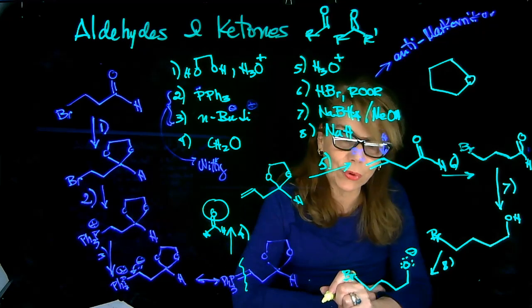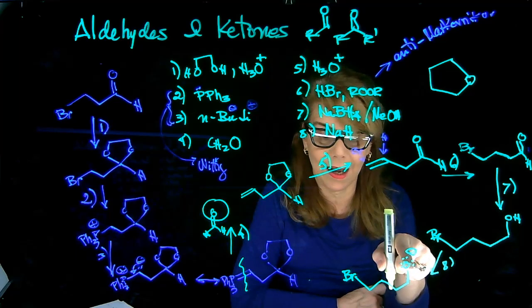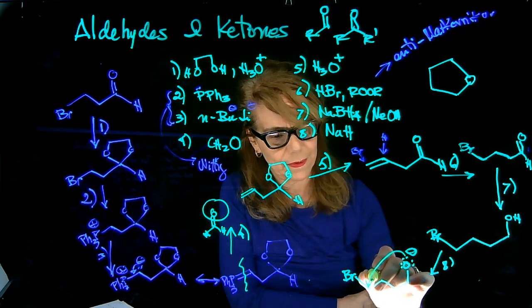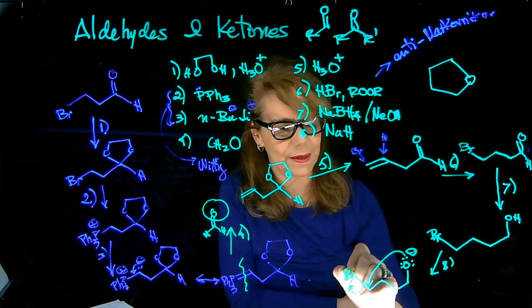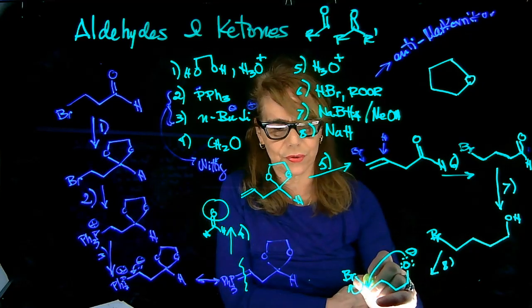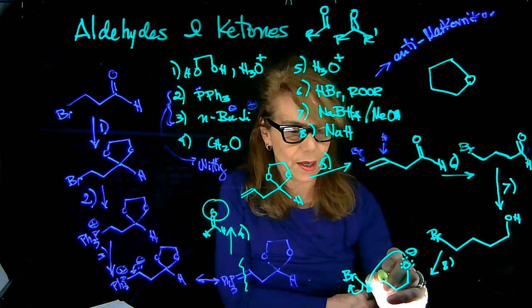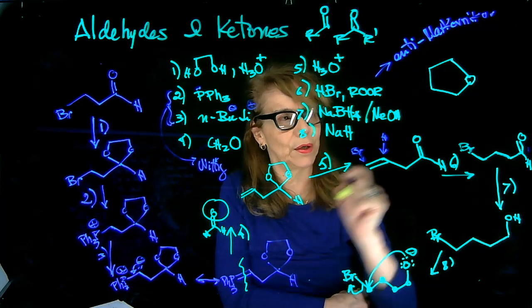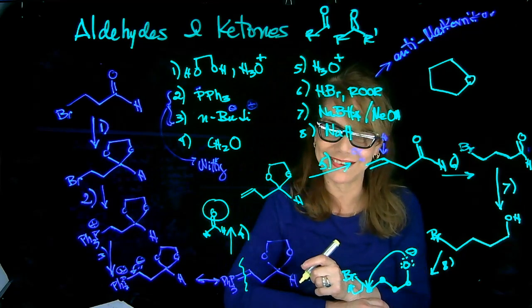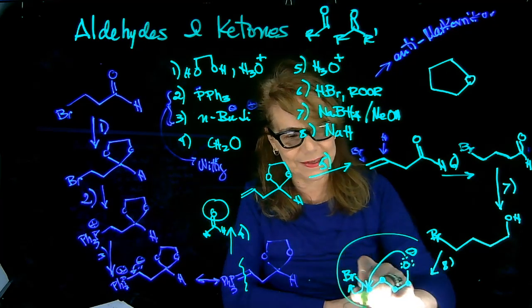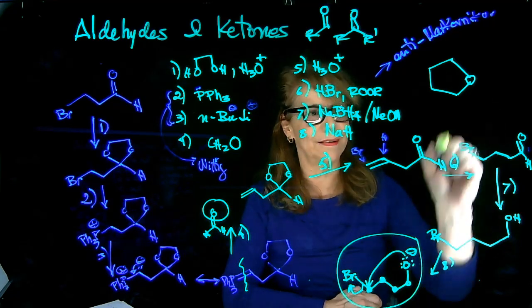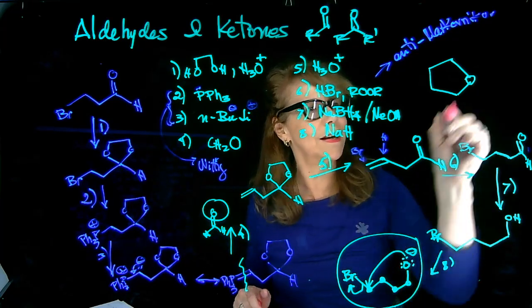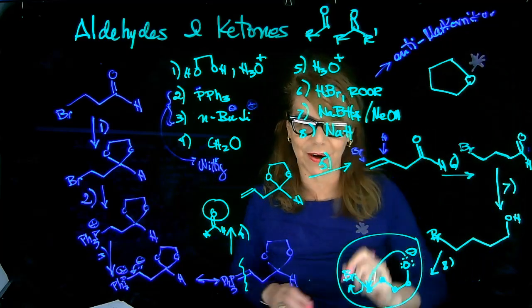And now what I'm doing is an internal SN2. Now I'm making a cyclic structure that will have 1, 2, 3, 4, and 5 with the O, and that is what I have here in the final. So after that attack, I'm going to get the final molecule. I'm going to put a little star here, which is what I wanted to do.